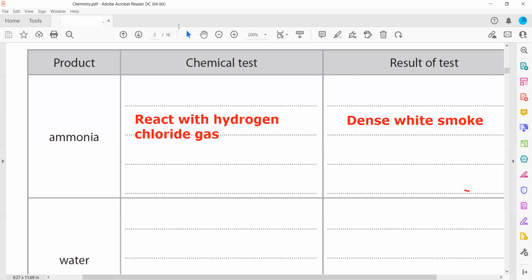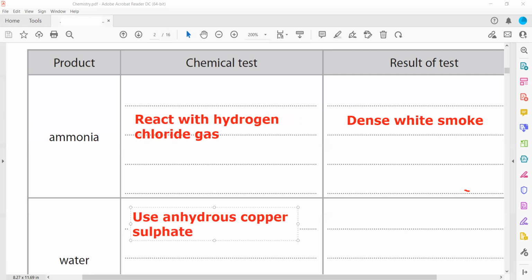So to test for water, we can use anhydrous copper sulfate. As a result, what will happen? It will change color from white to blue.